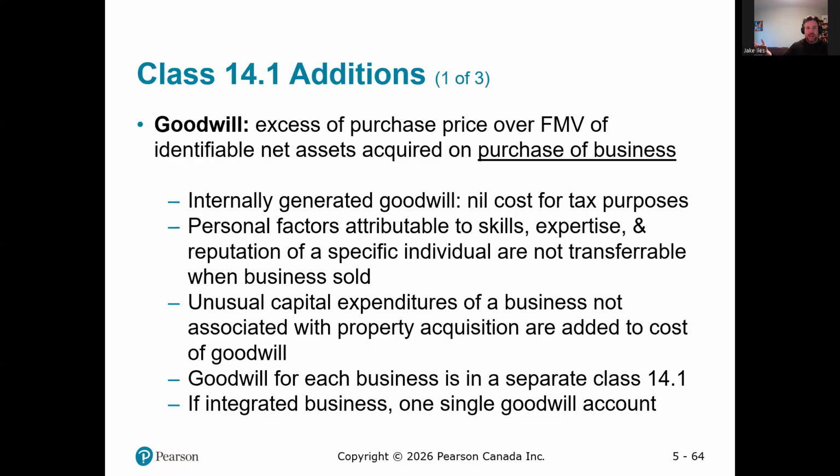If I get a brand deal with Levi's or some other jeans, adding that to my business will create goodwill. If it's the same business, if they both exist in one corporation where I just sell high-end brands or high-end clothing, well, now all that additional goodwill goes into one account because they're no longer separate businesses. So one business can only have one goodwill account.